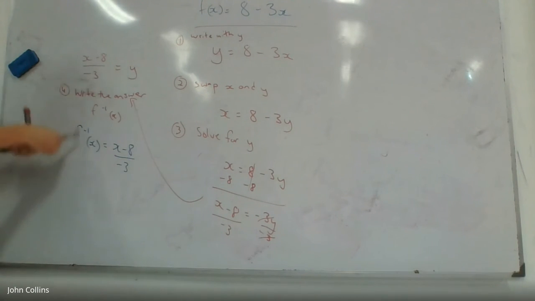So it's the same thing, I've just written it with the correct notation. So it's a 4-step process. You don't need to write the steps each time, but you will need to do some sort of solving. So let's do a second example before you guys do some.